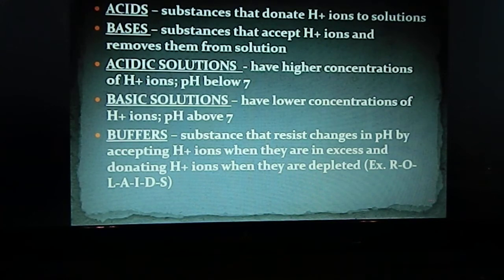You put them into your stomach, and those Rolaids actually start accepting some of the hydrogen ions and take them out of solution, so that the pH goes back up to its normal pH, right? And so that is a buffer, right? A buffer helps maintain a certain pH.